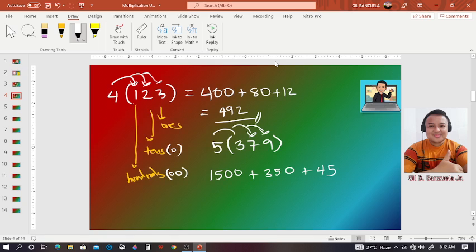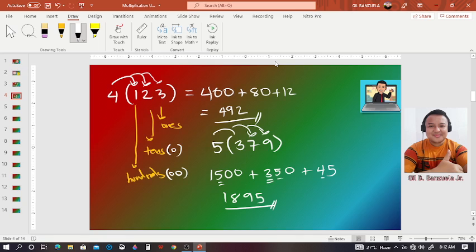Ayan. So, ganito lang yan, guys. Itong 3 at yung 5 lang i-add mo. So, 1,850. Dagdag mo na yun. Then, plus 45. So, 5 plus 4, 95. So, 1,895.